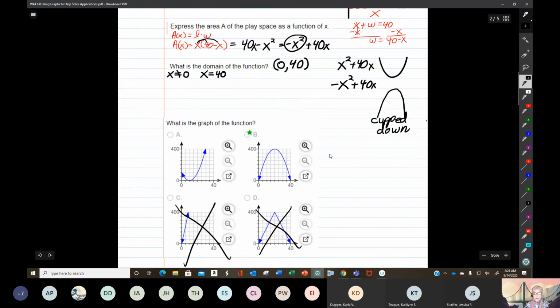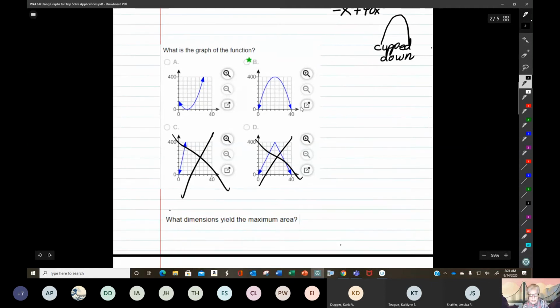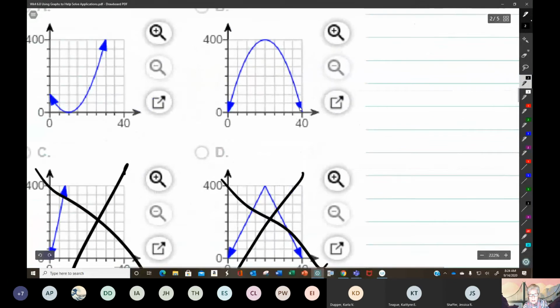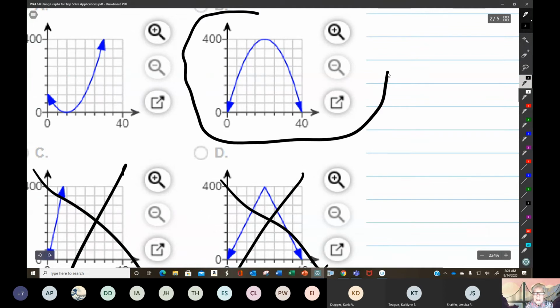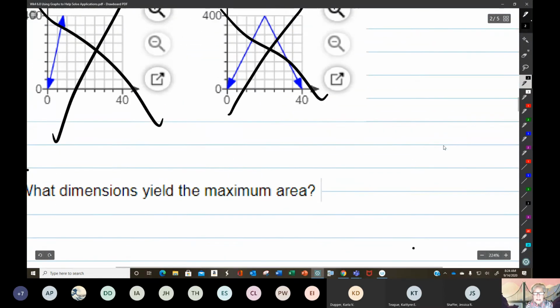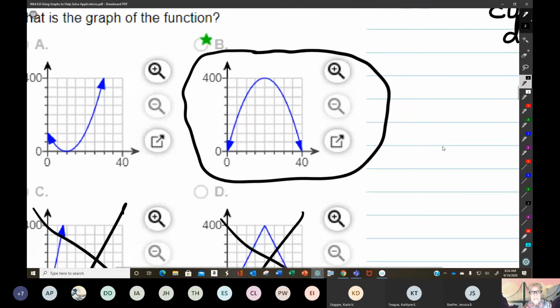Okay, so we're going to look at this closer. We're looking at this one right here, number 2. Now they ask us, what are the dimensions of the maximum area? So here's a review of maximizing a quadratic function.